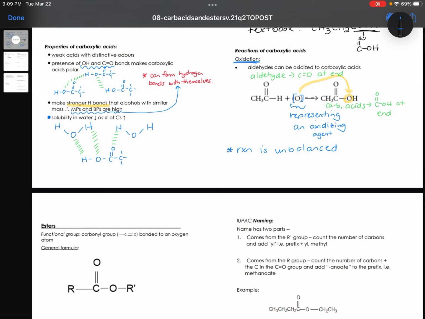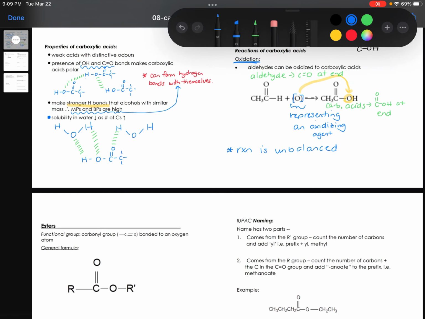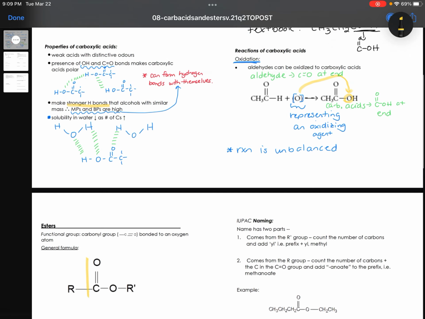Okay, so an ester is a very similar functional group. There's a C double bond O as well as a single bonded oxygen. So technically this is the functional group of an ester, okay? I think Mr. Adams says sometimes that this kind of looks like the carbon is wearing glasses.